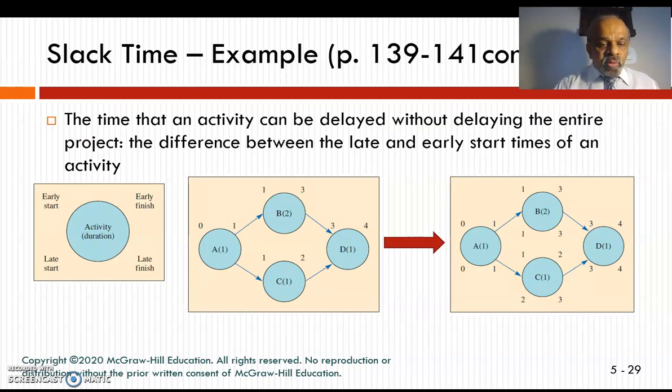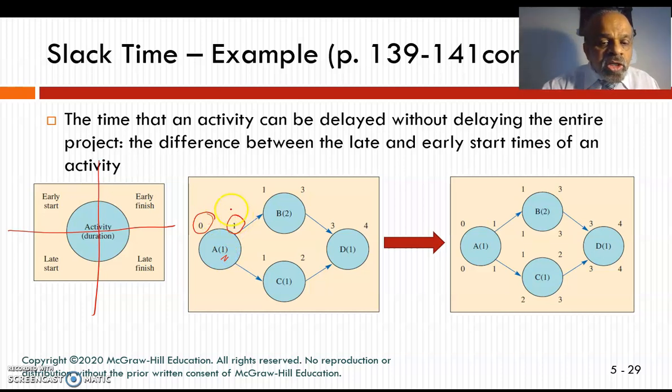So every activity, as I said, has got an early start, an early finish, a late start, and a late finish. So I'm going to determine those first. I'm going to start with 0 as my early start for A. Since A will take 1 week, it is going to be 1 as my early finish.